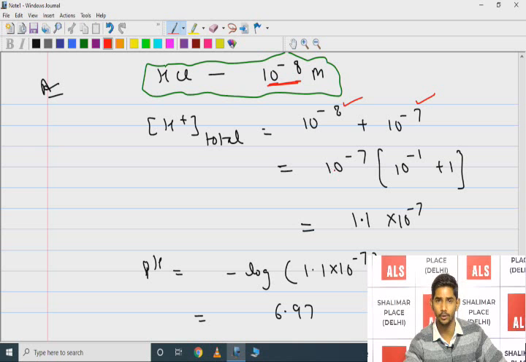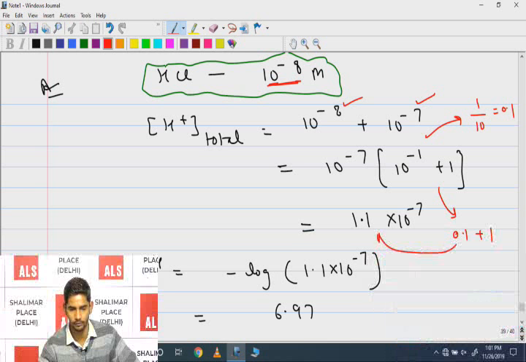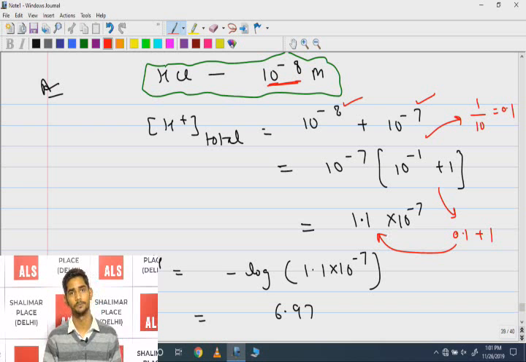Inside we get 10 to the power minus 1, which is nothing but 1 by 10, that is 0.1. So put 0.1 plus 1. On solving, we get 1.1 into 10 to the power minus 7. Now just calculate the pH by the normal method I have told you, and you will get 6.97.